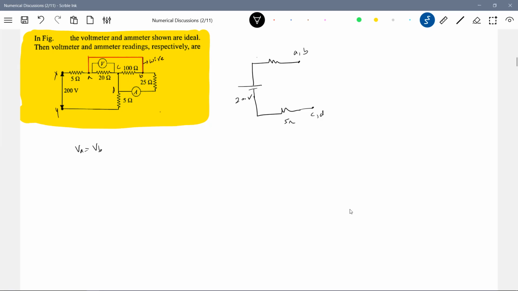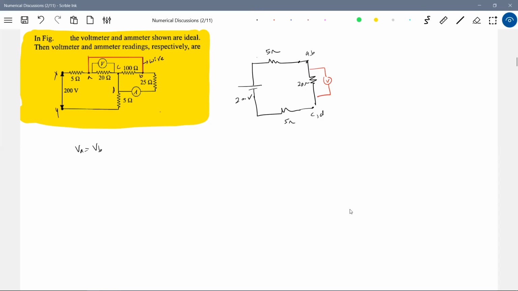Between A and C, a 20 ohm resistor is there. There's a 5 ohm. I'm going to bring that 20 ohm, and the voltmeter is here.